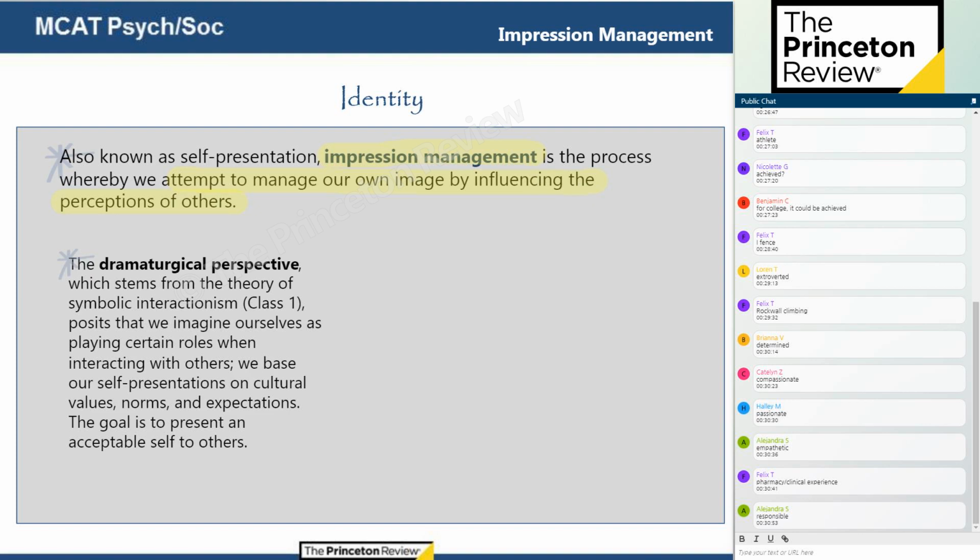And there is a particular way of talking about this, a theory base called the dramaturgical perspective, which is related to SI, that it's about role playing. And how we present ourselves depends on the role that we are playing at any given point in time.